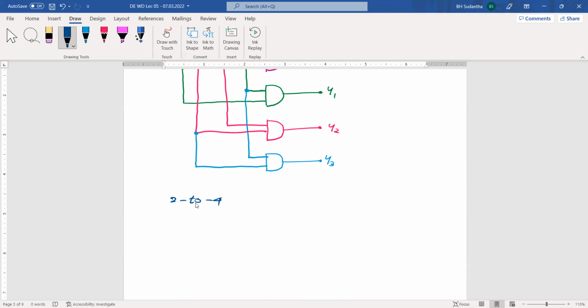How can we expand this? Yes, we can increase the number of inputs to 3. When you increase the number of inputs to 3, how many combinations are there? 8, 2 to the power 3 combinations. Then the next decoder is the 3 to 8 decoder.